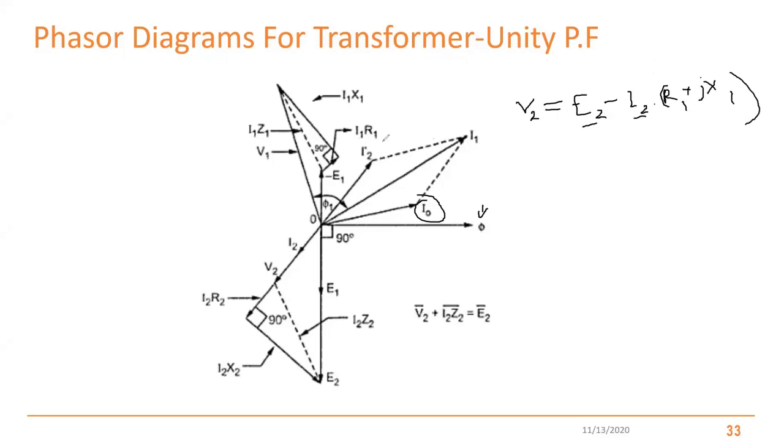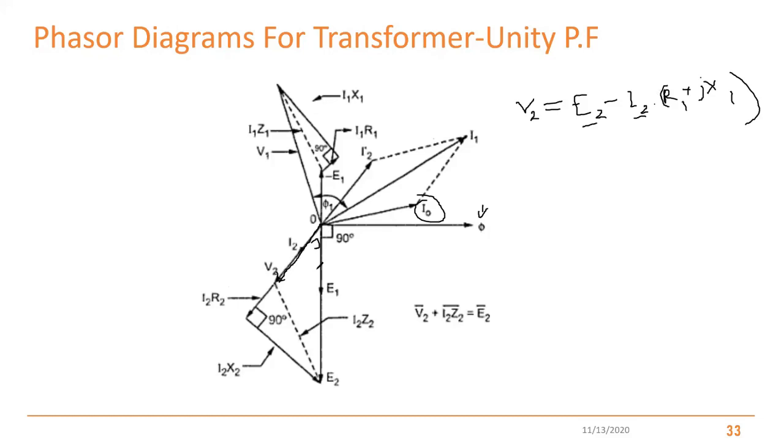So if I2 dash is somewhat like this and I2 is like this. Consider the unity power factor load. If the voltage phasor V2 is at some angle between E2 and E1, then I2 should also be in phase with that. If you know the I2 dash phasor, you can draw the I2 phasor. V2 should also be in phase with I2 because of the unity power factor.